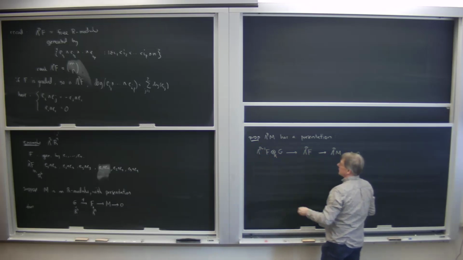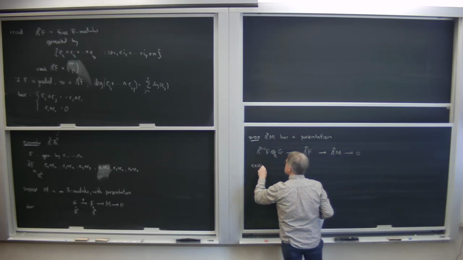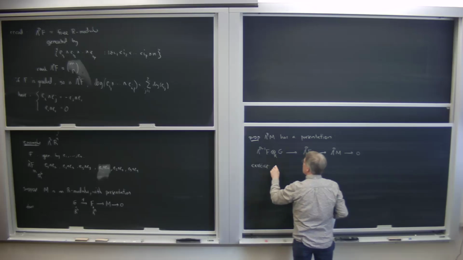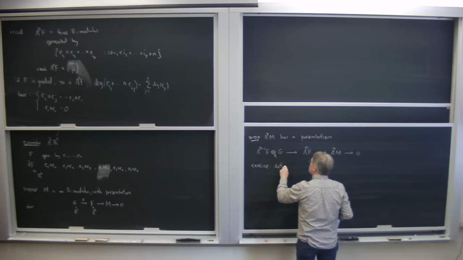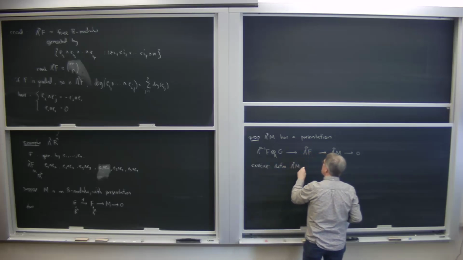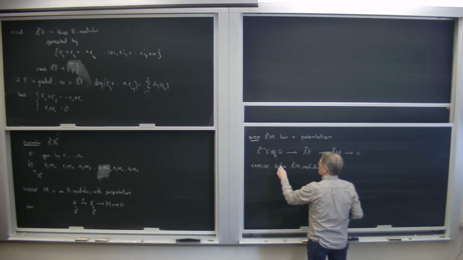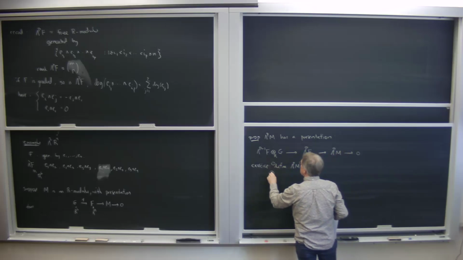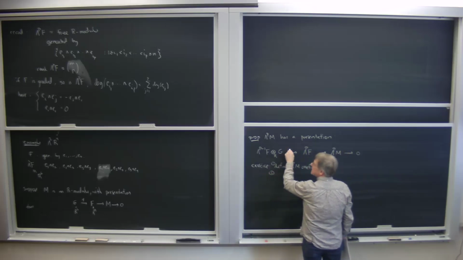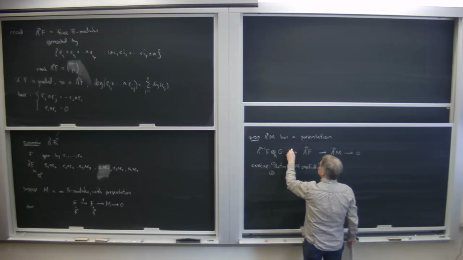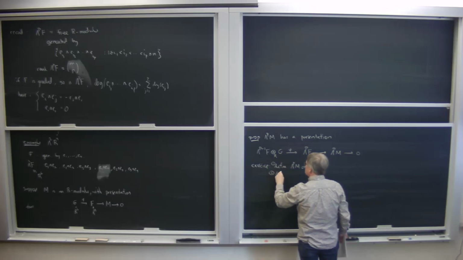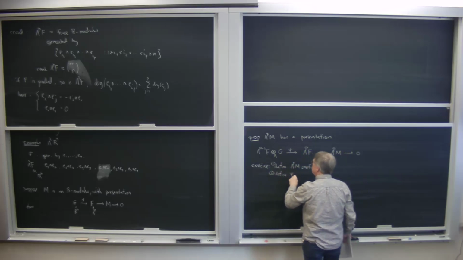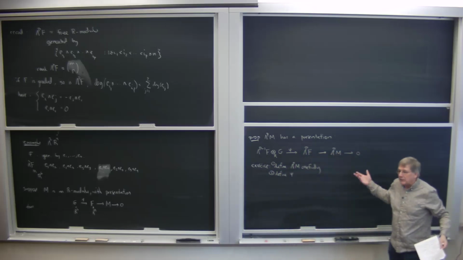So the exercise, which is mentioned, is: one, define this wedge P of M carefully. Two, show what this map is here. Let's call it psi. Define psi, maybe on a specific example even.